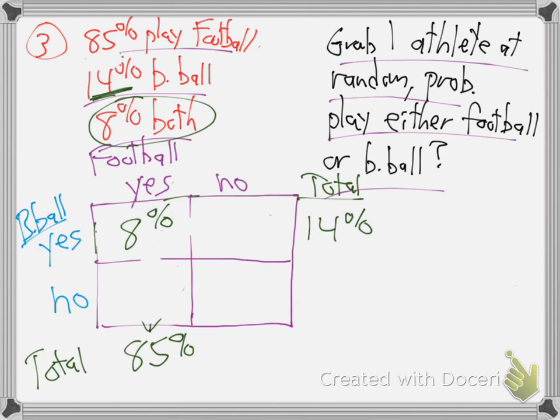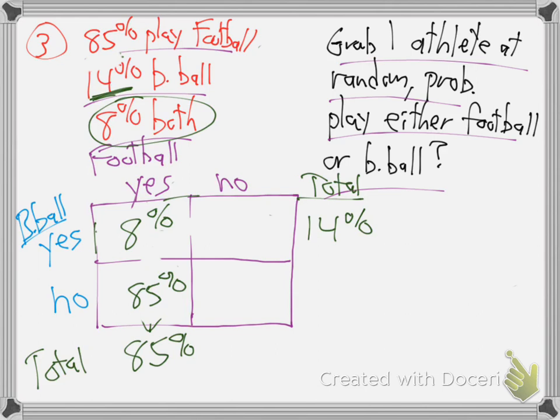They play both. You're not putting 85% says football where it says yes football and no basketball? Right here, 85? No, because I don't know that 85% is a definite yes to football and no to basketball. They just said 85% play football. Some of those 85% play basketball and some do not. Does that make sense?